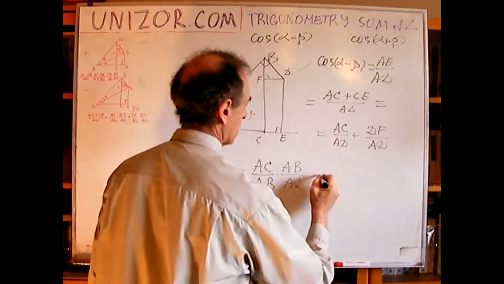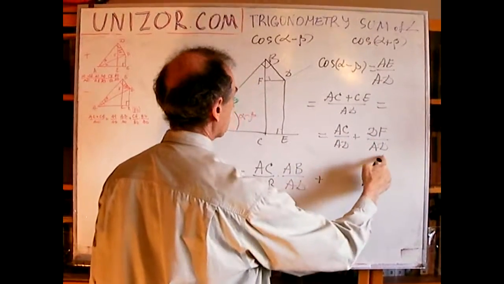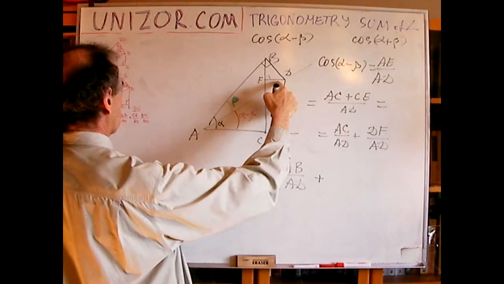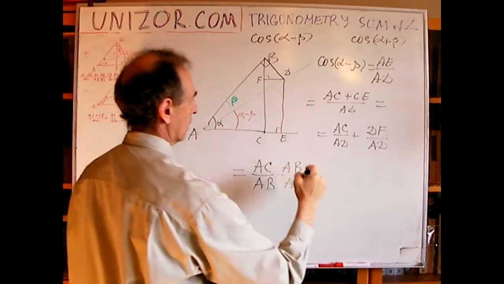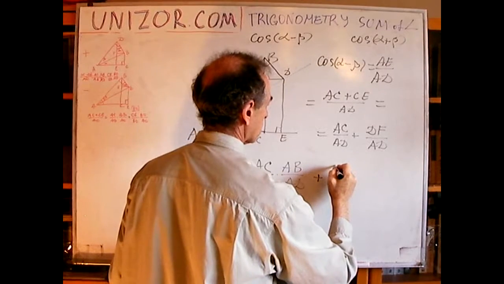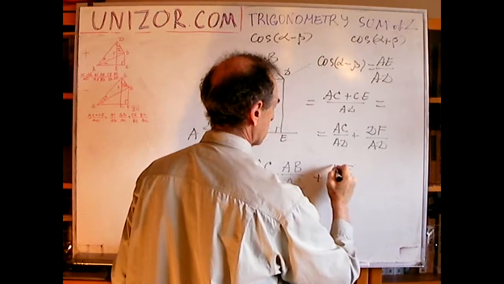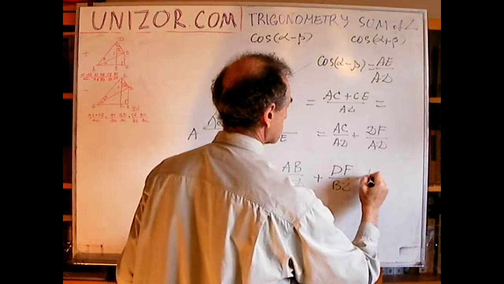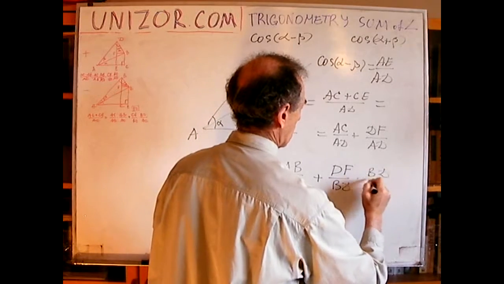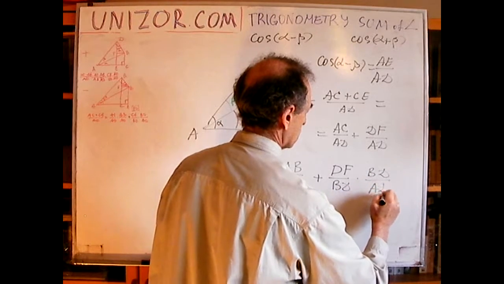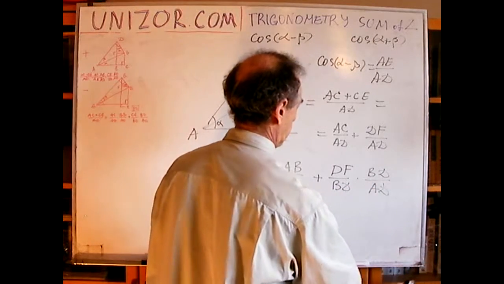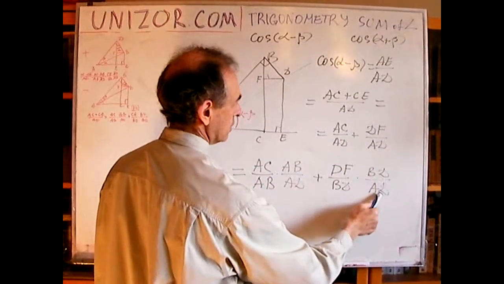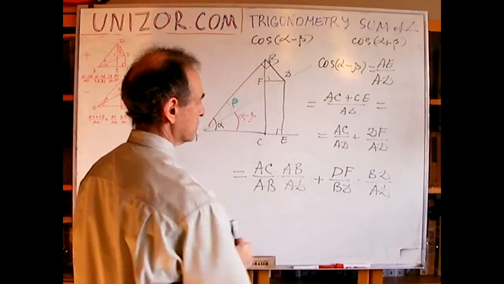Now here, DF and AD are also not very much related. However, I can also do this trick. DF over BD times BD over AD. So, DF, AD, and I multiply and divide it by BD.